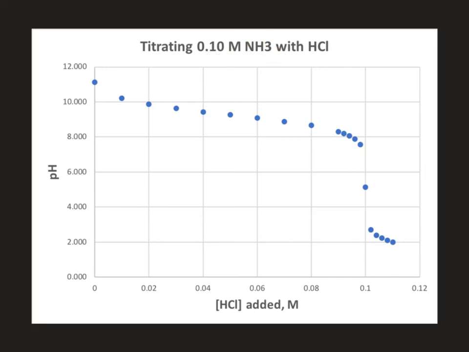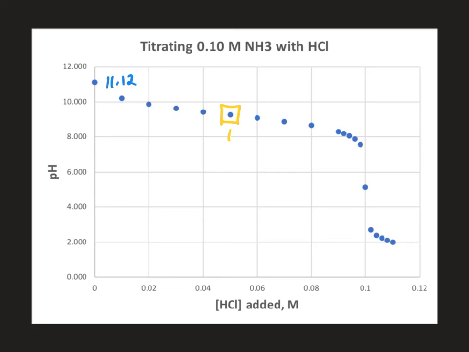Sorry, I couldn't make my subscript in my title here, with hydrochloric acid, making the same kind of assumptions we did before. We're starting at a very basic pH, 11.12. Because we're starting basic, we're going to come down. And you can see our slope here is getting greater, or less negative, until we reach our inflection point.